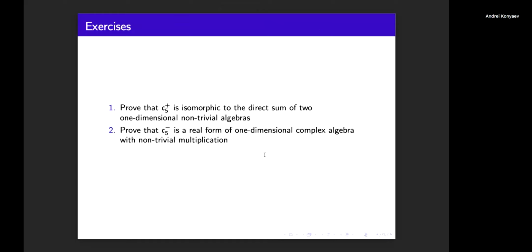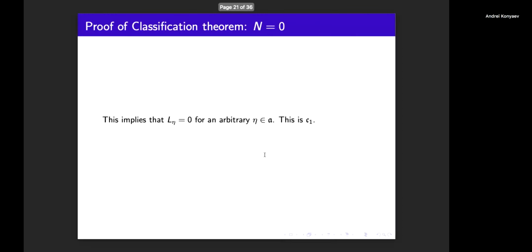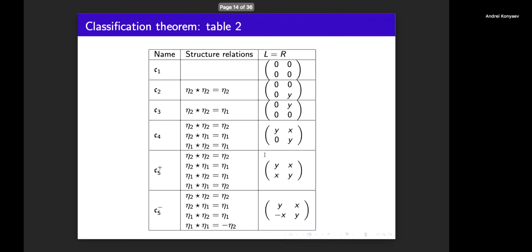Here are two exercises, which are nice. If you look at C plus 5, let me show you. Let's go back and look at the table again. It is a nice exercise to show that basically it's a very simple algebra in disguise. It means that you can change the coordinates, and this becomes a direct sum of two non-trivial one-dimensional algebras.